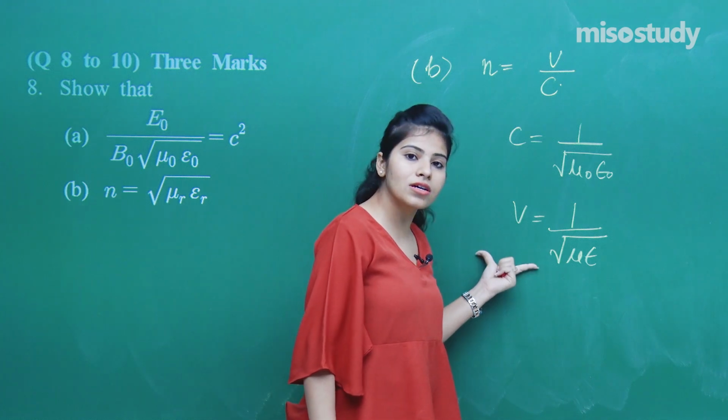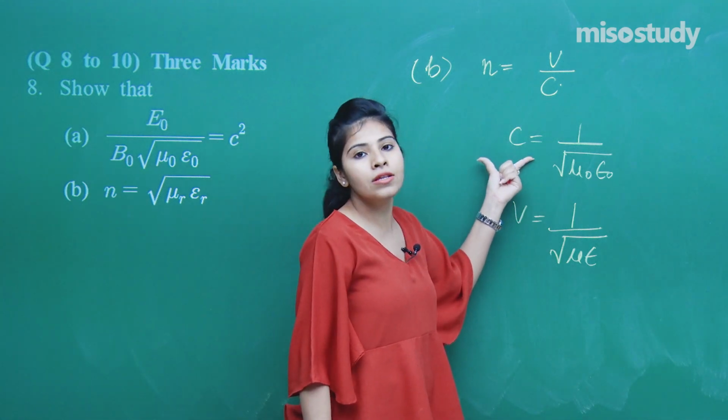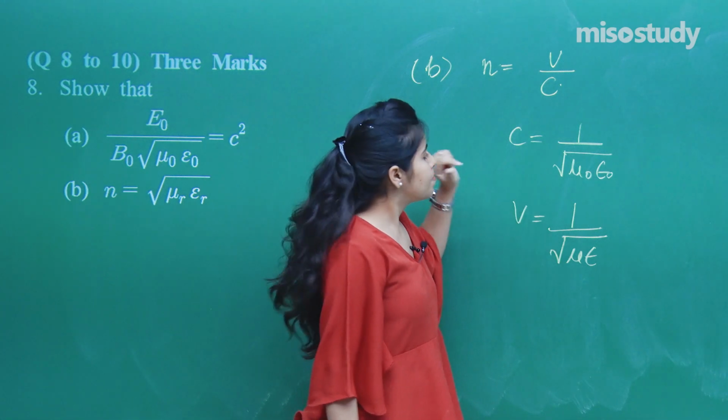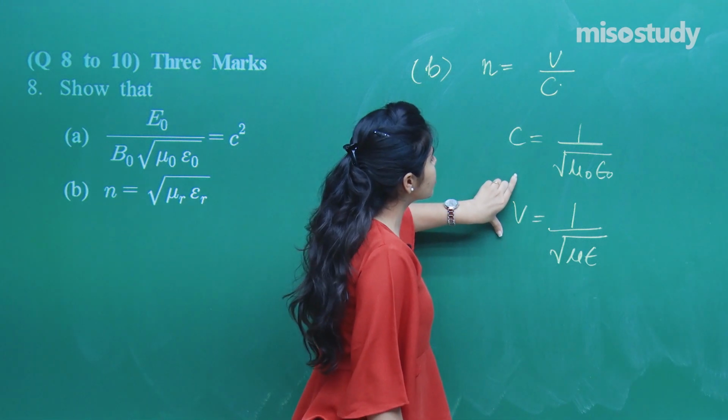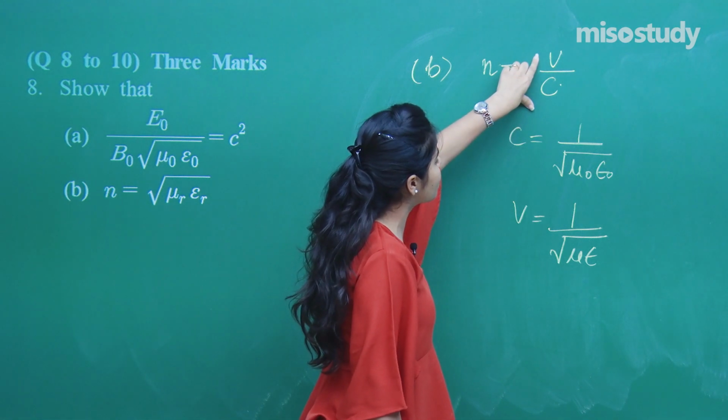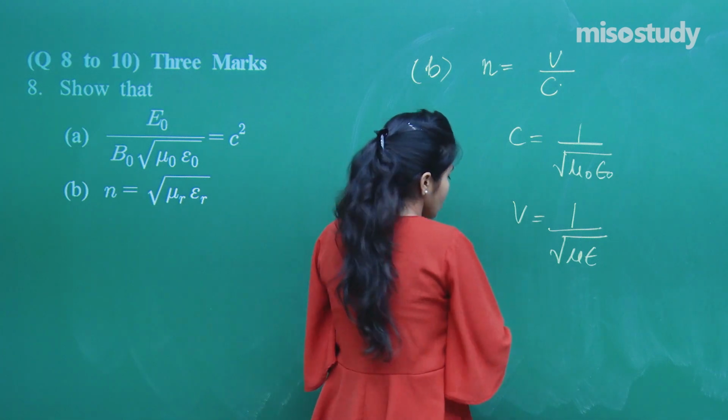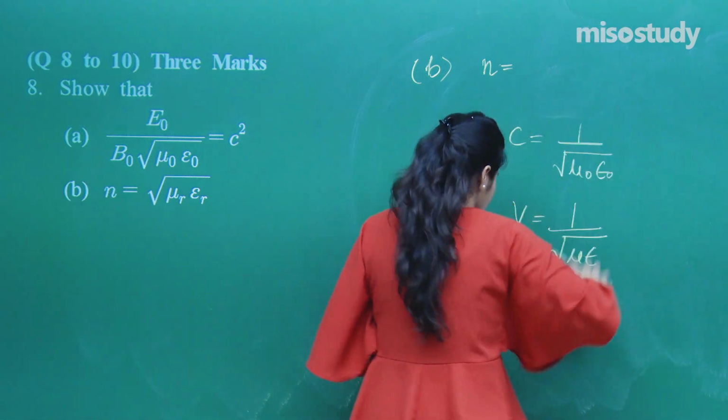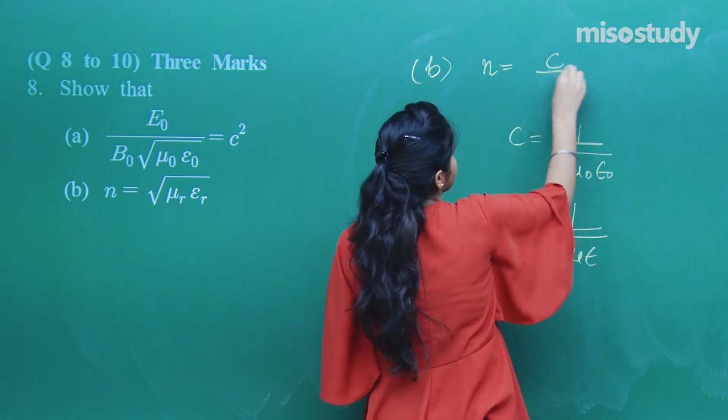So velocity is in a certain material medium, and C is the speed of light in free space. Now we are going to put these values into this equation. I did a wrong thing, this is C upon V.